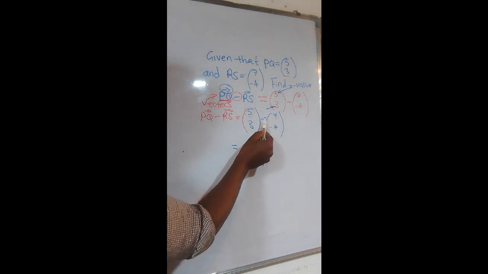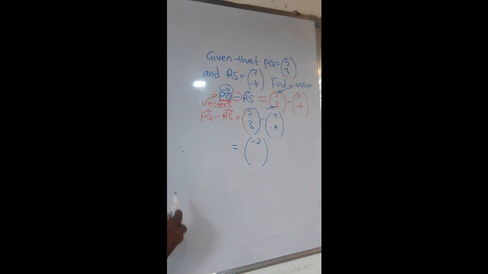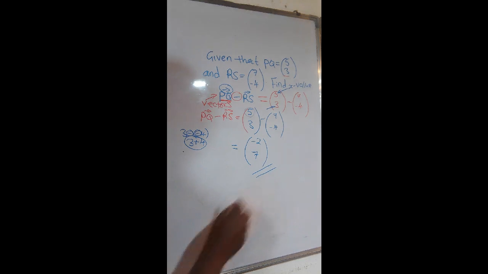Then 3 minus negative 4. All we are saying is 3 minus open bracket negative 4. This negative and this negative cancel, so it becomes positive. So 3 plus 4 is a positive 7.